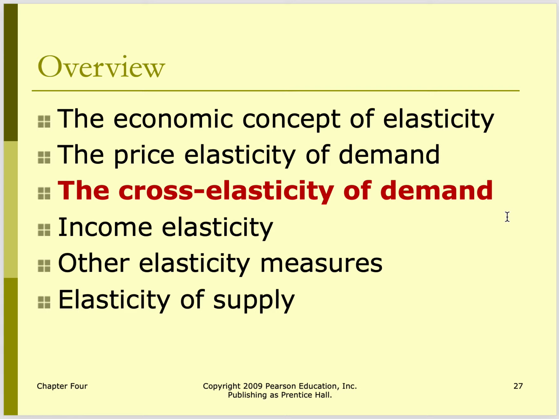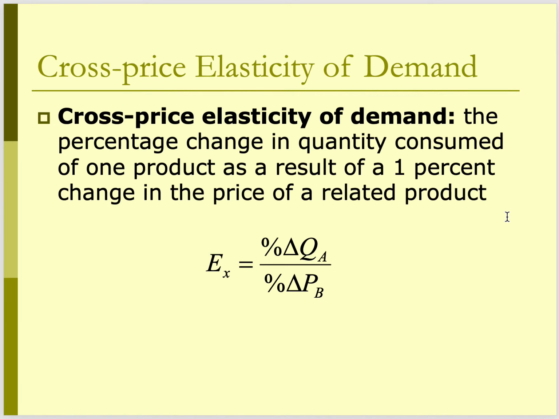Cross elasticity of demand. This is a different kind of elasticity measure. We're talking about the percentage change in quantity consumed of one product versus the 1% change in the price of a related product, or depending on what the percent change is in the price of the other product.